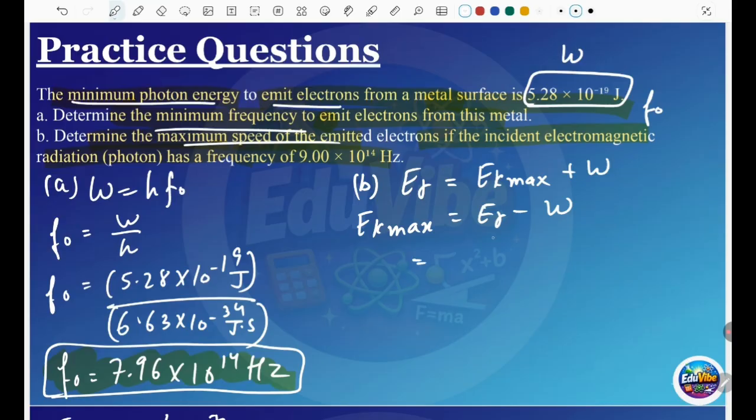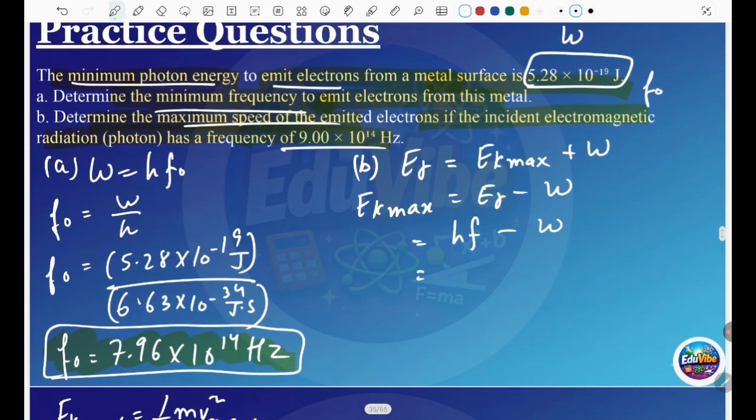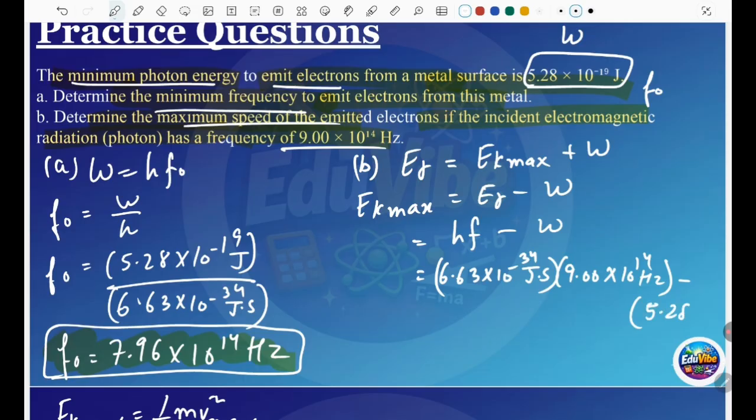To find this, photon's energy is h times f, minus W. W is given. We have a frequency given to us, called f. So 6.63 times 10 raised to the minus 34 joule seconds, times the frequency of 9.00 times 10 raised to the power 14 Hertz, minus 5.28 times 10 raised to the power minus 19 joules, which is your W. So that's all we have.